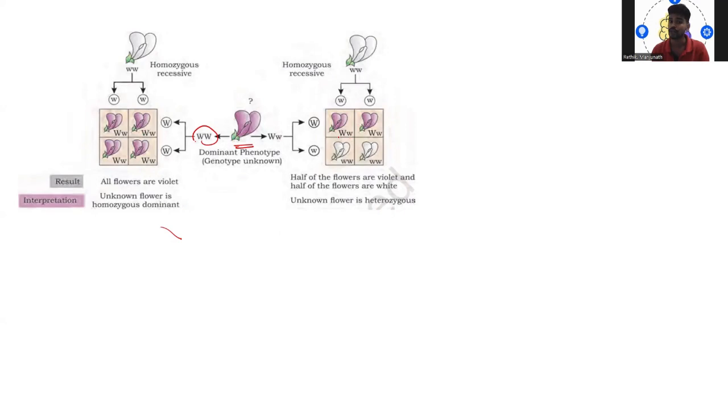Now, this dominant character is in the heterozygous condition, which you can see is capital W and small w. So it is heterozygous and it is showing violet in color. So that was crossed with the recessive white, small w, small w.